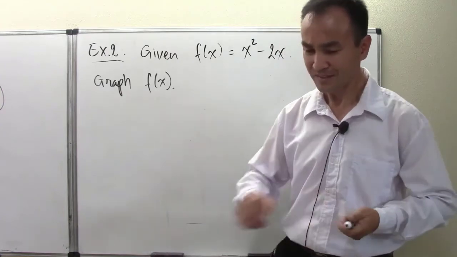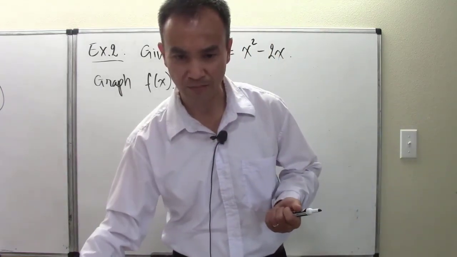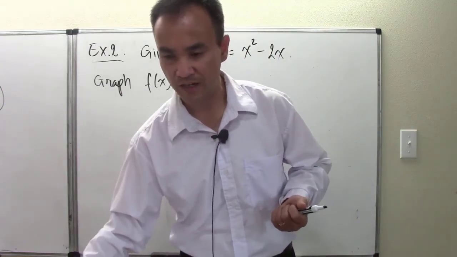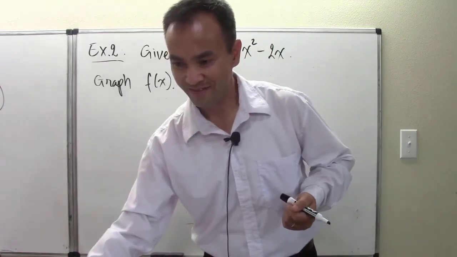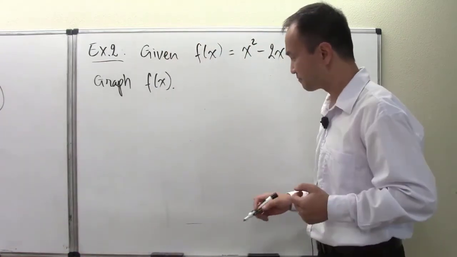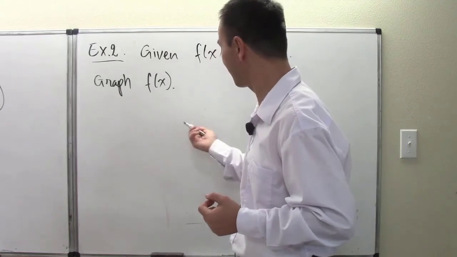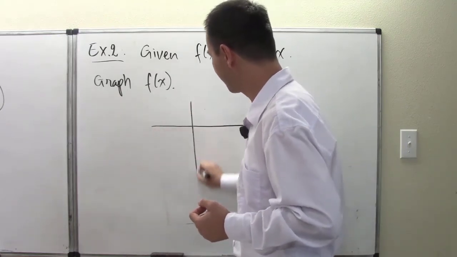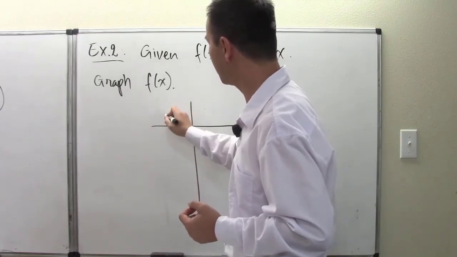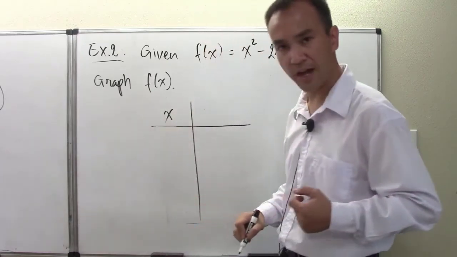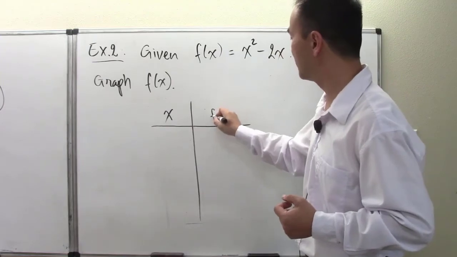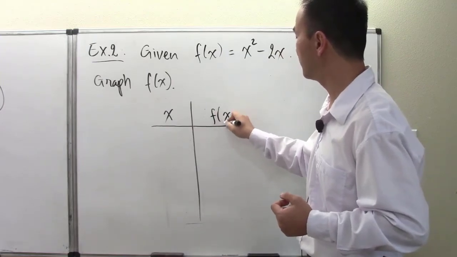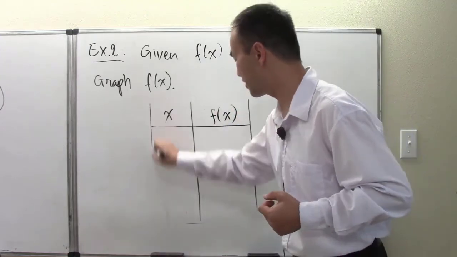Okay, so now let me quickly prepare my computer screen here before we advance on. We can call this the input variable x, and for f of x, this column is for the outputs.